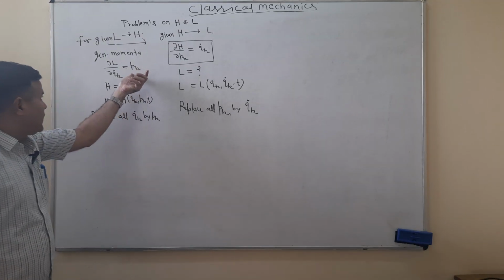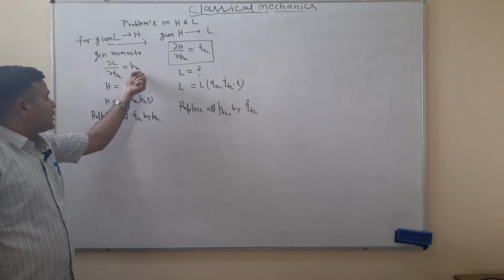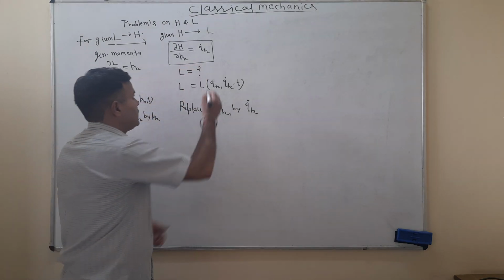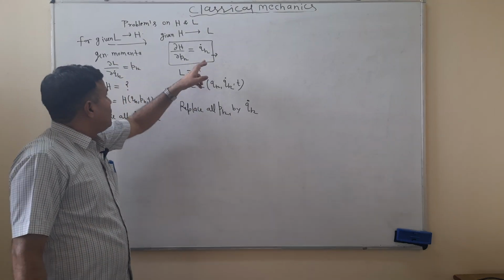इस केस में क्या करते हैं? इस केस में जनरलाइज मोमेंटा के कॉन्सेप्ट से सारे Qk's को रिप्लेस कर देते हैं Pk. यहाँ पे हैमिल्टन्स के there are three sets of equation, Hamilton's equations.